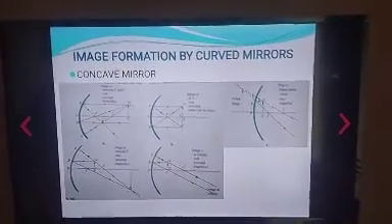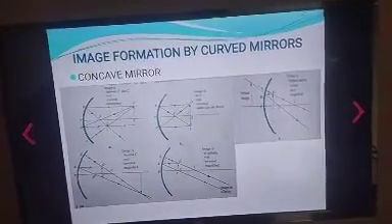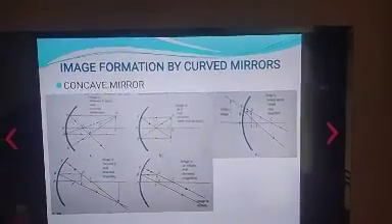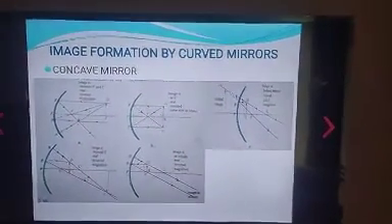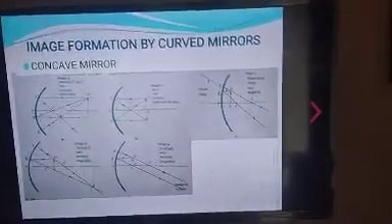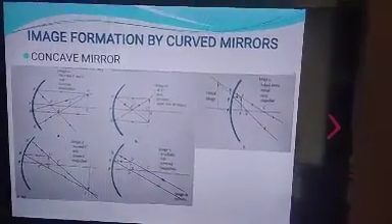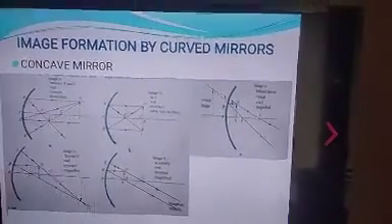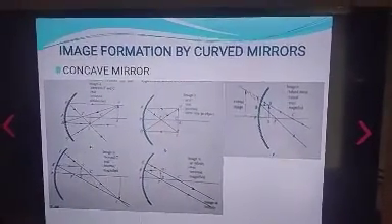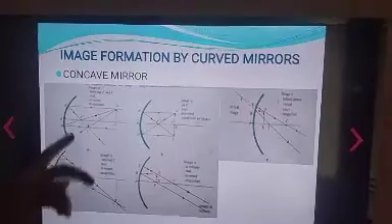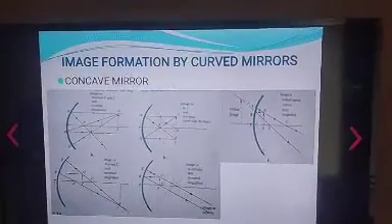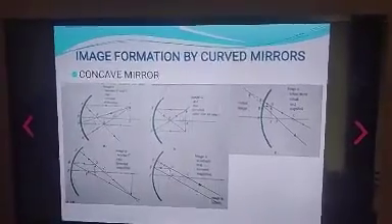by curved mirrors. From the diagram, we'll see different positions of objects and the type of image produced at the end of the day. Now, when our object is farther away from the principal focus at point X, the image produced will be between F and C. It will be real, inverted, and diminished, just as the diagram shows.